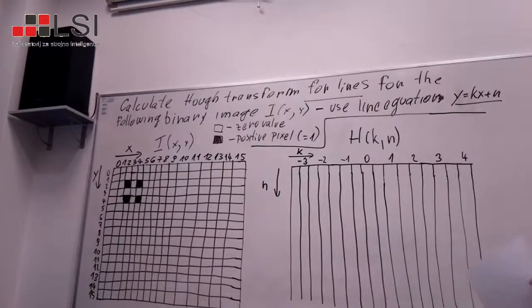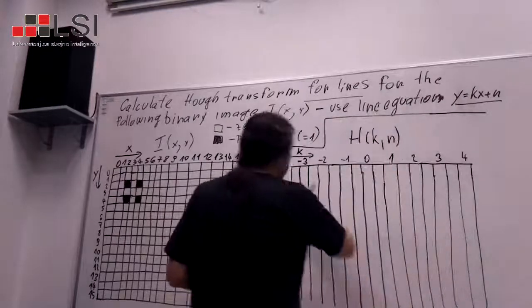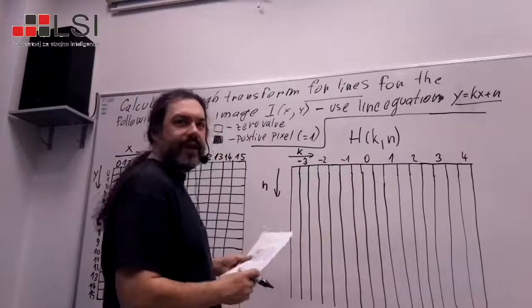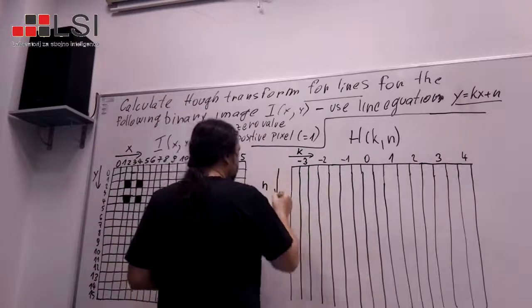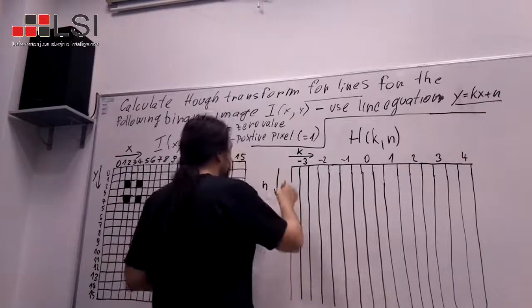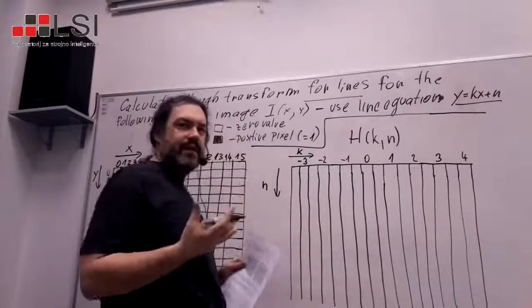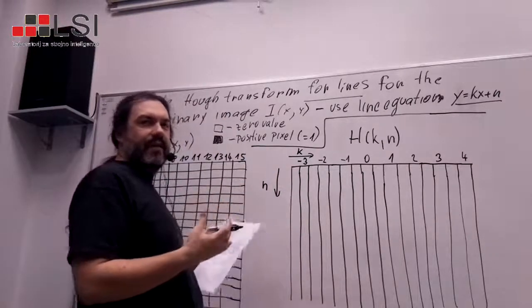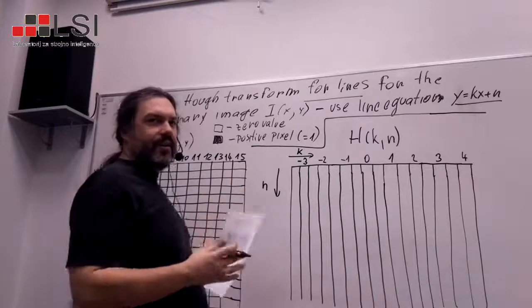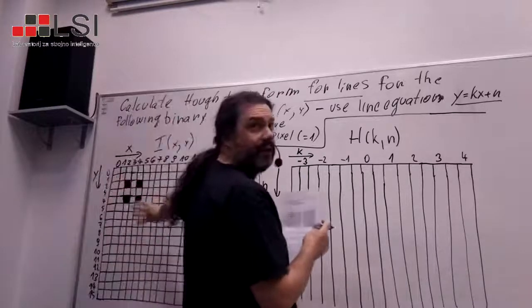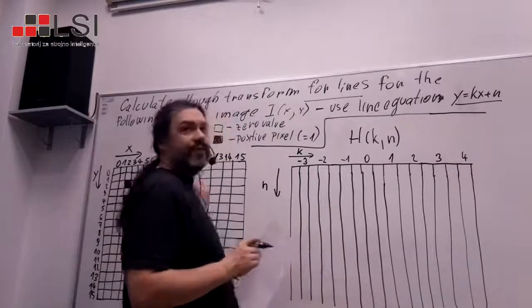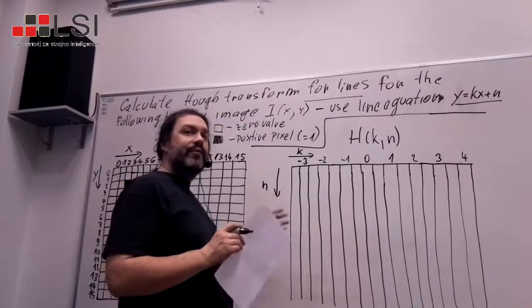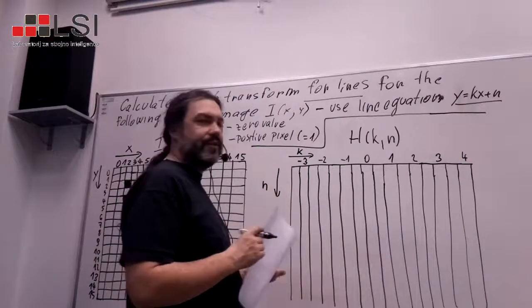Okay, so here the K values are negative, and this is something that is expected. And also the N values will be negative. So this is constructed properly, this accumulator, so you can solve this image. If you have a different kind of image with different coordinates, then we would give you different boundaries of the accumulator.